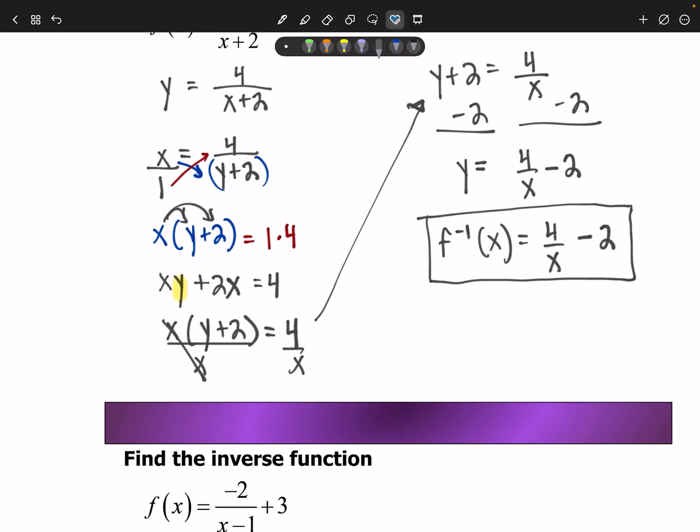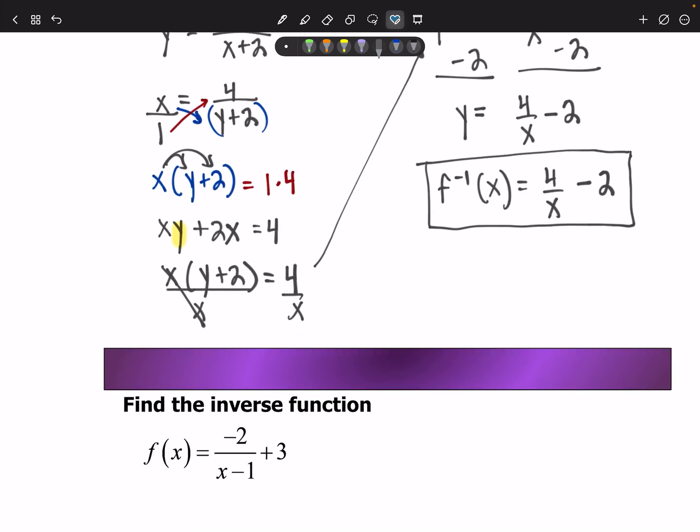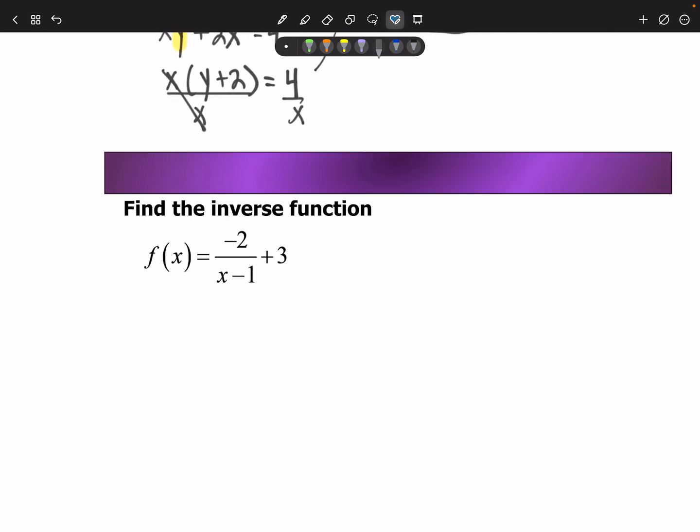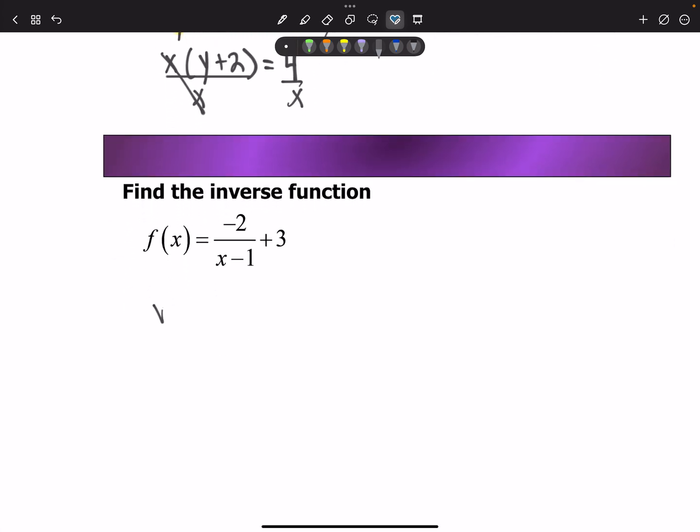Let's try another one of those. And let's do the same thing we did here. Okay, we're going to change f of x to y. Then we're going to flip the x's and y's. So x equals negative 2 over y minus 1 plus 3.